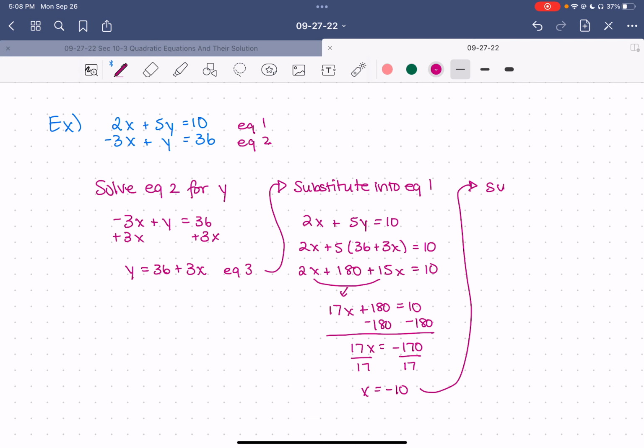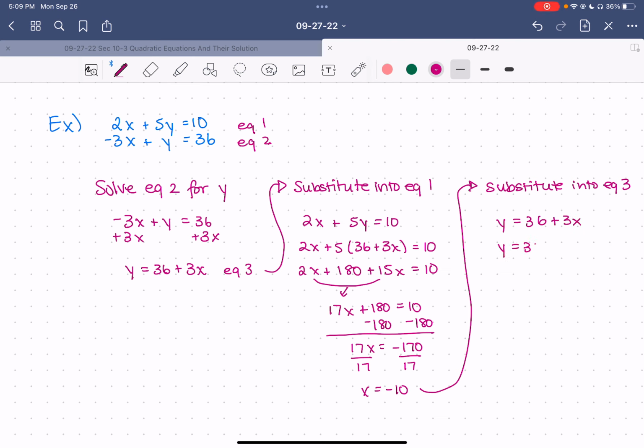Now I'm going to substitute. This is where I can substitute into any equation I want, but I'm trying to find y, and this equation right here that we found in step 1 is already solved for y. That's going to be your easiest bet. So I'm going to substitute into equation 3. y equals 36 plus 3x.